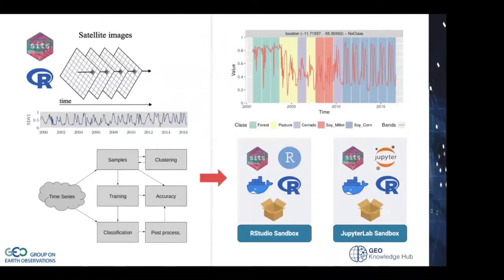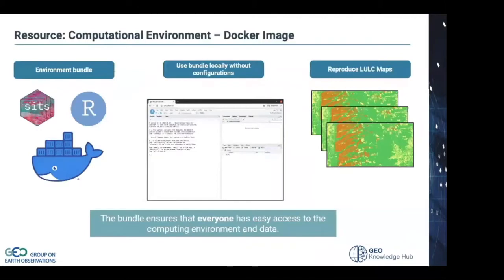We have prepared some resources with a specific version of the SITS package and all the libraries needed to run the scripts or the Jupyter notebooks or the R Markdown. There are also instructions on how to use Docker images to prepare the environment on-premises hardware and how to access everything from the web.